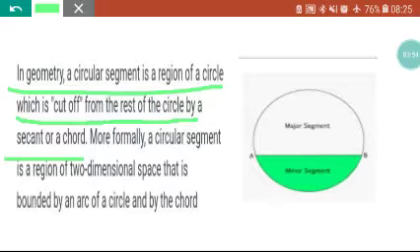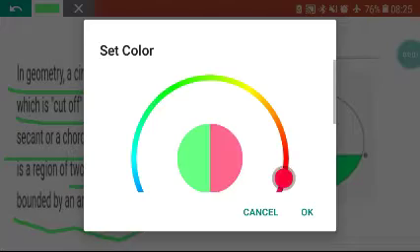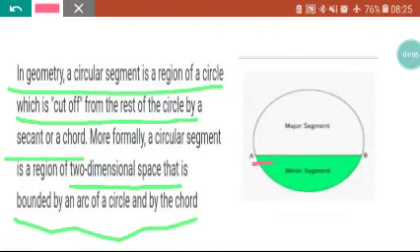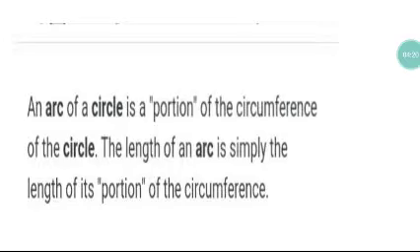Or in a simple way, it is the two-dimensional space that is bounded by an arc of a circle and the chord. So this part is called a segment, and it is the small part, so it is called the minor segment, and this is the big part, so it is called the major segment. So segments are of two types. Understood?